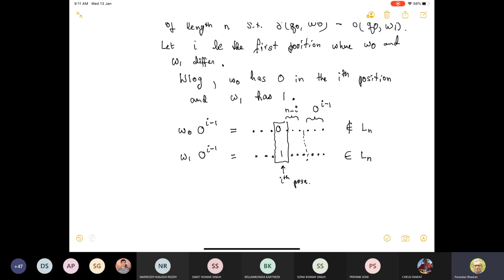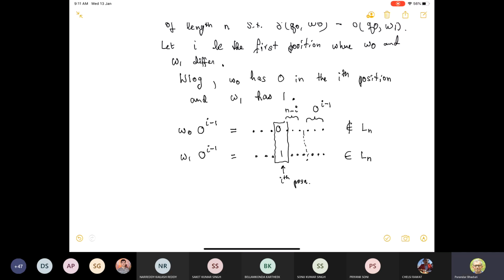Do you see that? Do you have any doubts about that? Because in the first one, the one at the top, the nth bit from the right has a 0, so it doesn't belong to Ln.